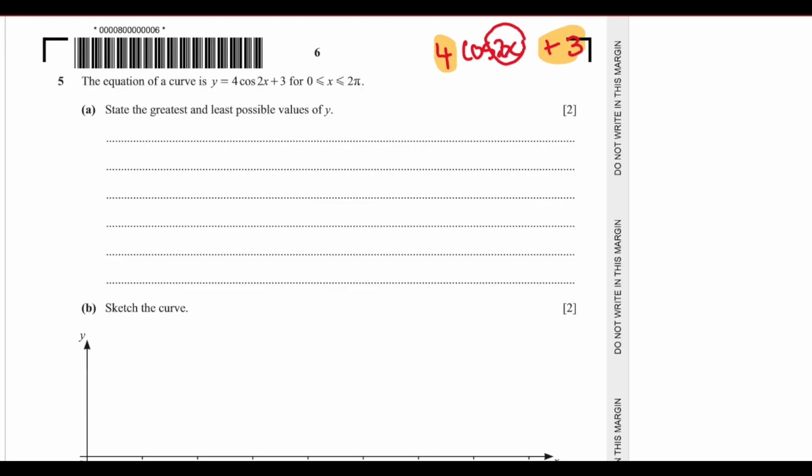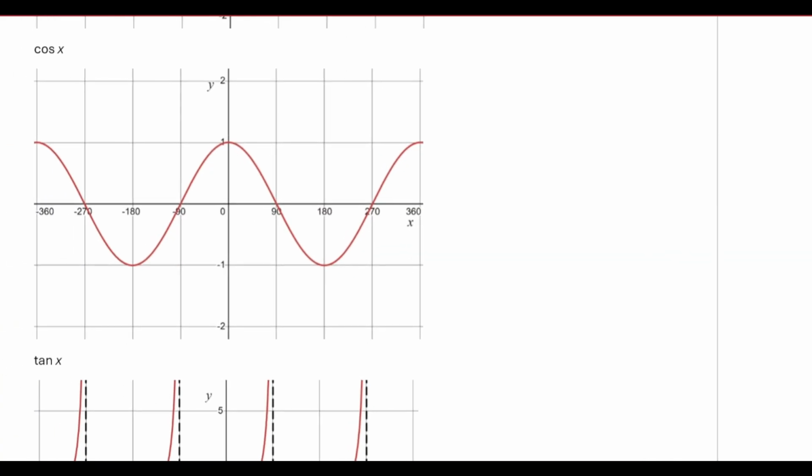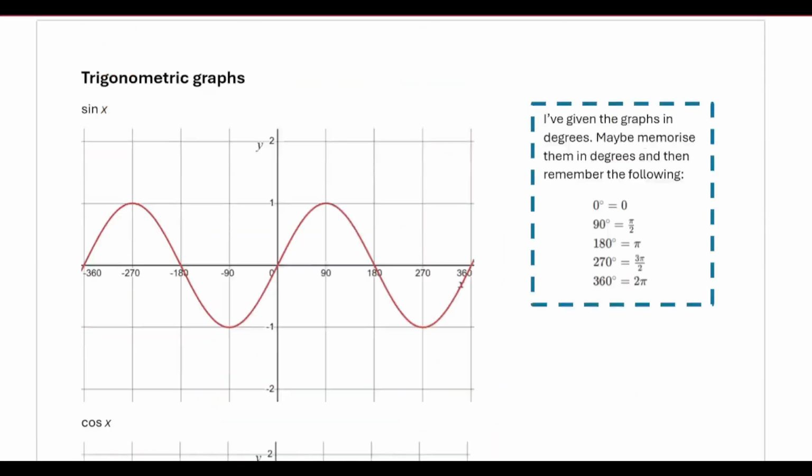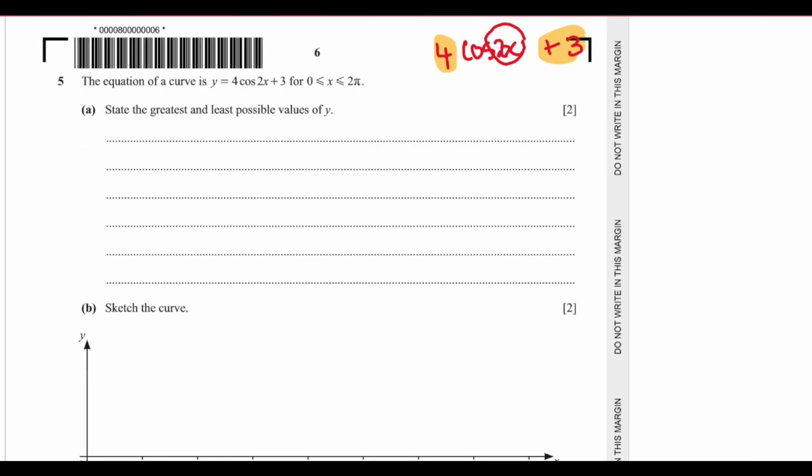Now the original cosine curve, what is the least and greatest possible value of it? If you look over here, okay, this graph of mine is in degrees, but it usually goes between 1 for y, and so it usually goes between 1 over there and -1. Now we just need to adjust that. So let's write, well, cos 2x will still be between -1 and 1 because the 2x doesn't change the y.